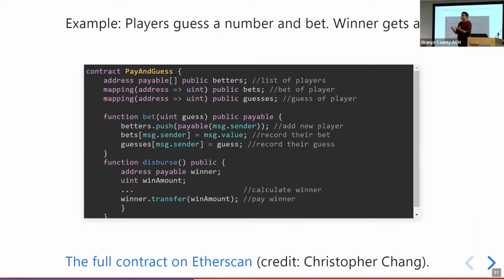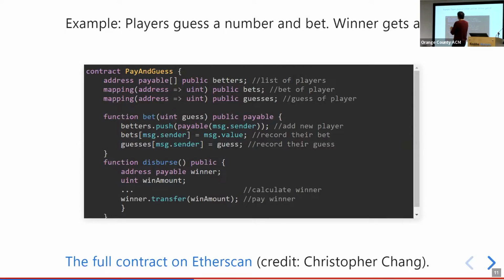I put the dots here, so the algorithm which determines the winner is not on the slide. You can put in whatever you want. Maybe you choose one of the players who put money in at random, or you choose a number at random, and then you choose the player who is closest to the number you've chosen. So kind of anything.